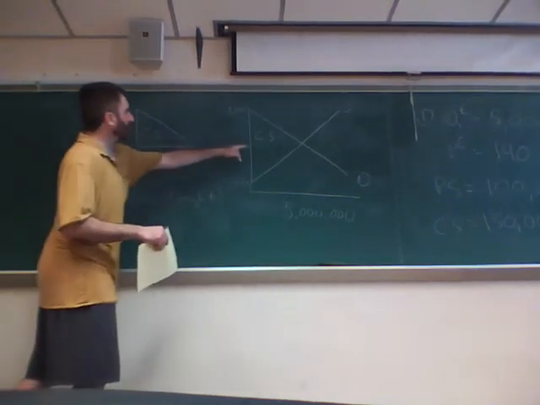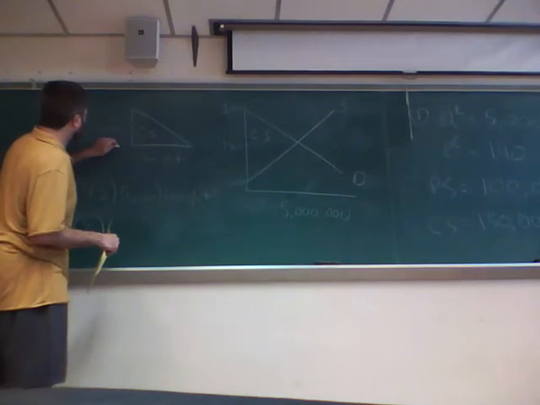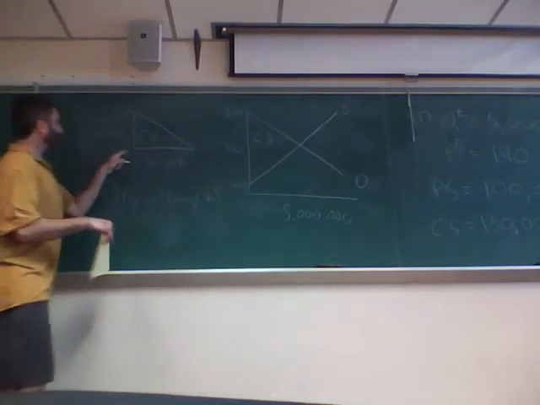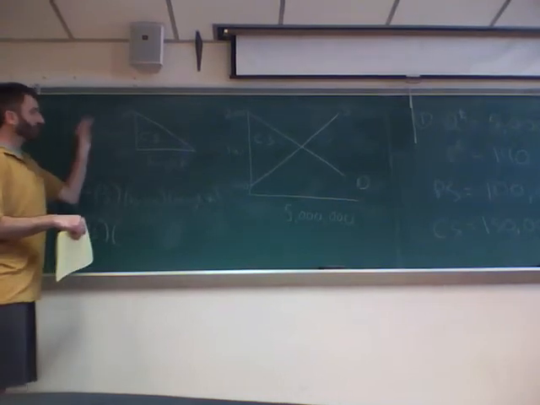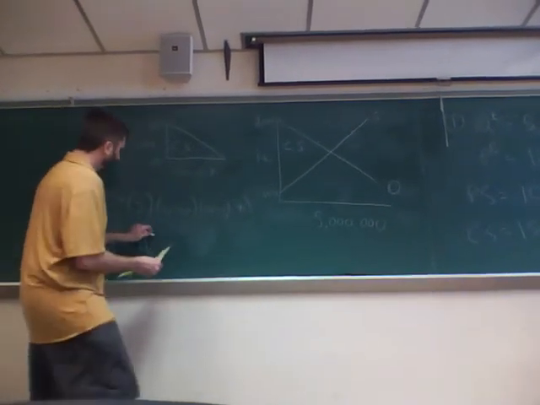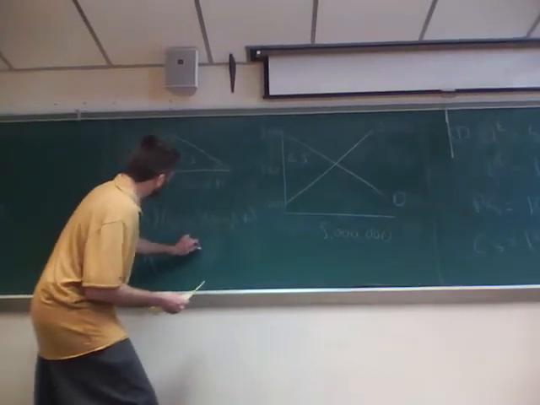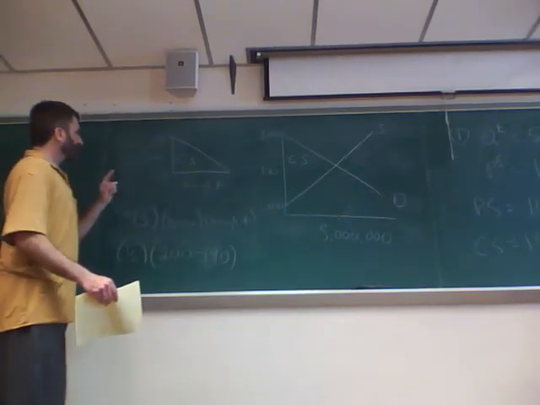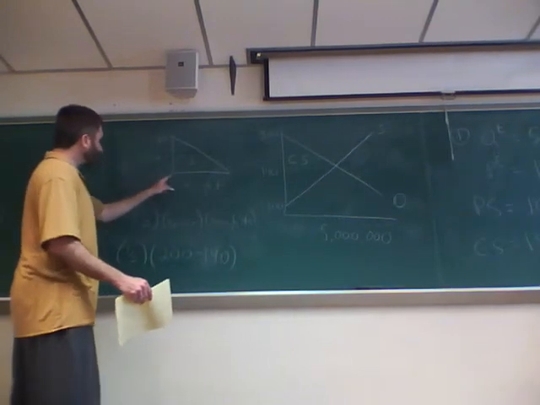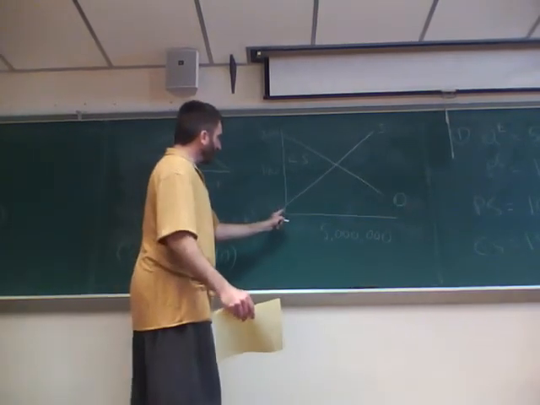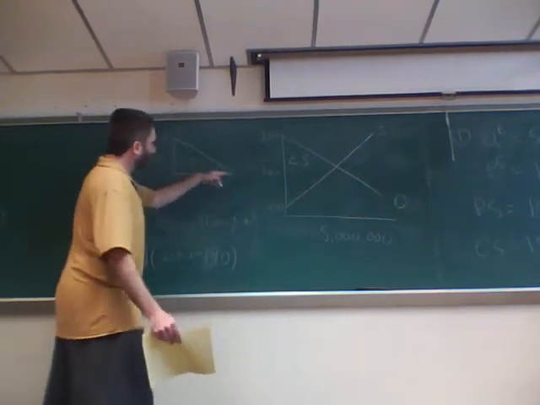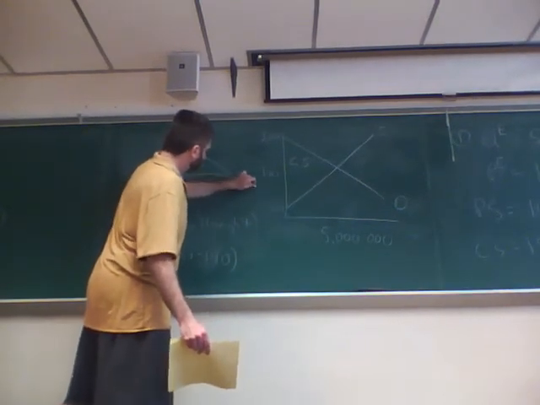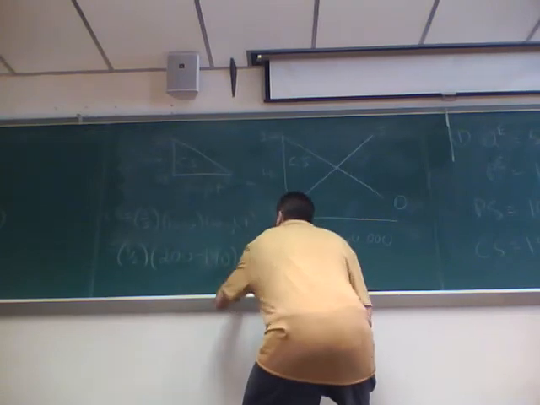And the base over here goes from 140 to 200. The distance between 140 and 200 is 60, or you can just say 200 minus 140 is the length of that segment. Then the length from here, this is the origin, 0, all the way to 5 million, so the height is 5 million.